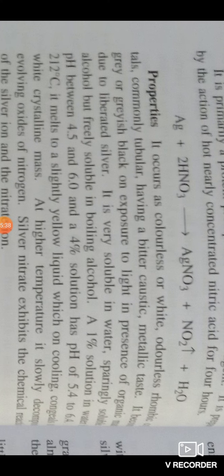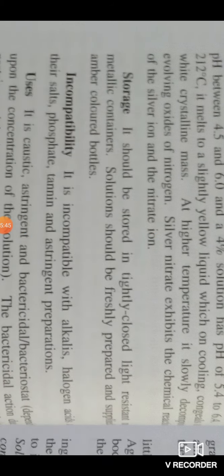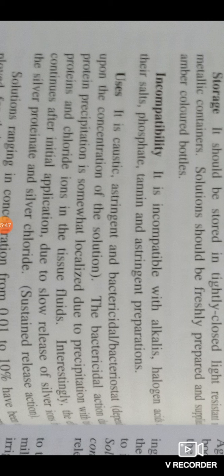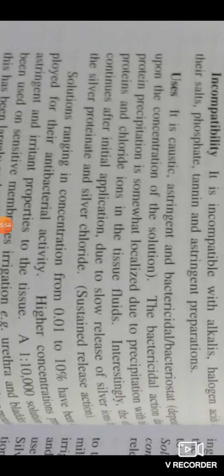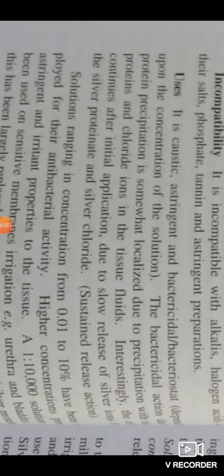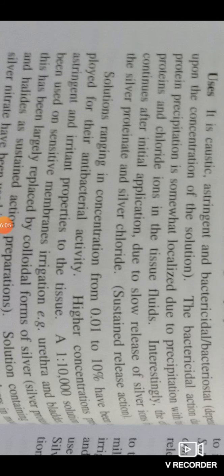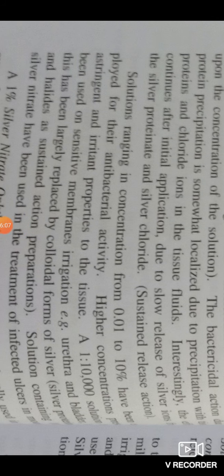It's a white odorless powder with a metallic taste, sparingly soluble in alcohol, stored in a tightly closed light-resistant container, incompatible with alkalis, halogen salts, and phosphates. It can be used as an astringent, with bactericidal or bacteriostatic properties because it causes protein precipitation, also with tissue protein and chloride in tissue fluids.